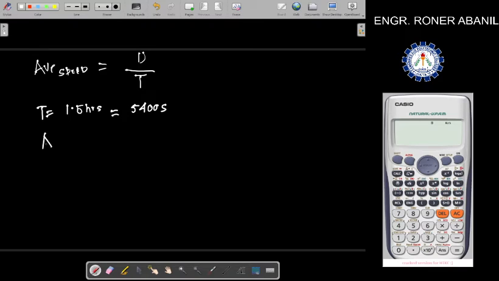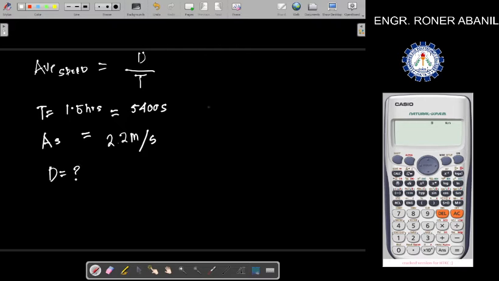So, meron din siyang ibinigay na average speed. So, abbreviate ko na lang. Average speed. Ang average speed na ngayon ay ibinigay na 2.2 meters per second. Okay? So, ang tanong is how far? So, ang kukunin natin dito is yung distance.